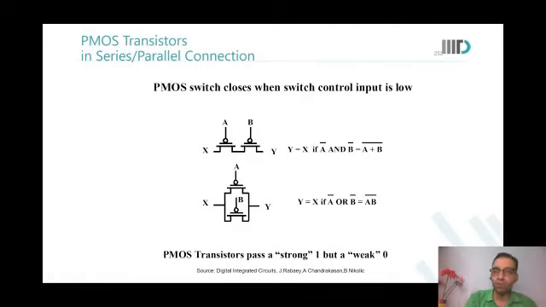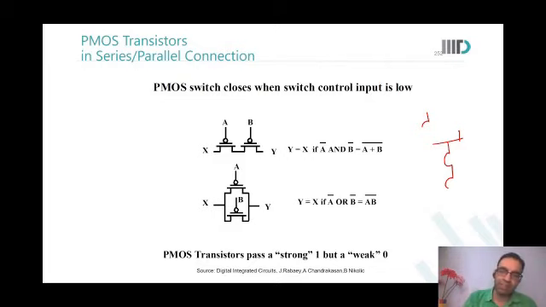So in a 2-input NAND gate, you have PMOSs in parallel and NMOSs in series. So this is called a dual, where the same logic is implemented.